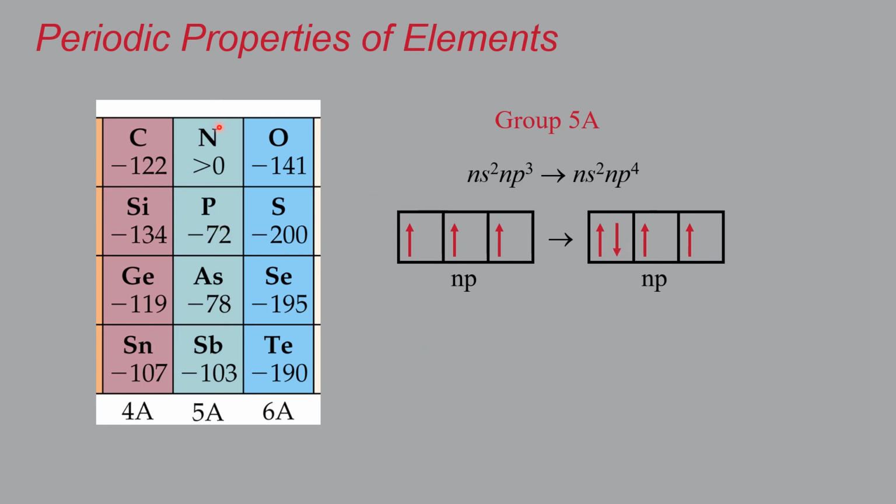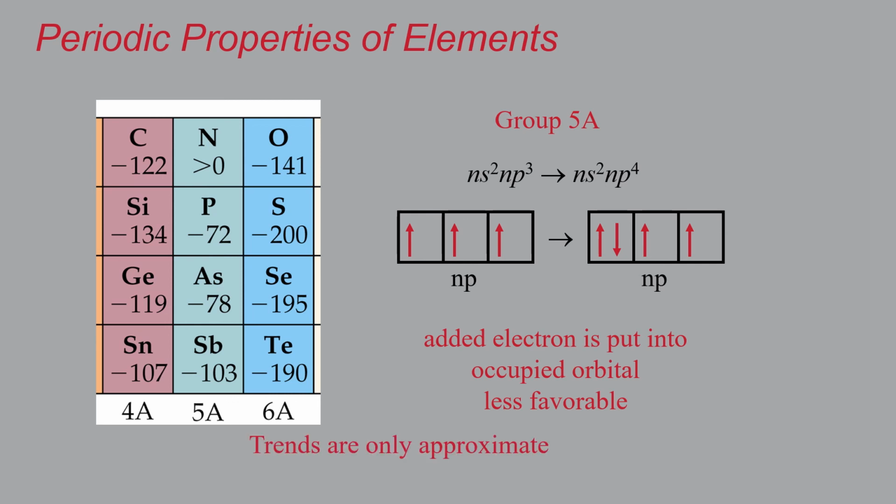So the electron affinity of these elements is a little bit less than you might otherwise expect, because you're adding an electron into an already occupied state, and that's a little bit less energetically favorable as well. So the moral of the story for electron affinity: trends are only approximate.